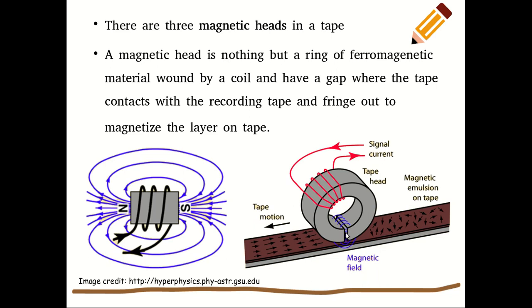This gap is the position where the recording tape actually makes contact with this information in the form of magnetic field. So it is the gap where the information will be exchanged between the magnetic heads and the recording tape.